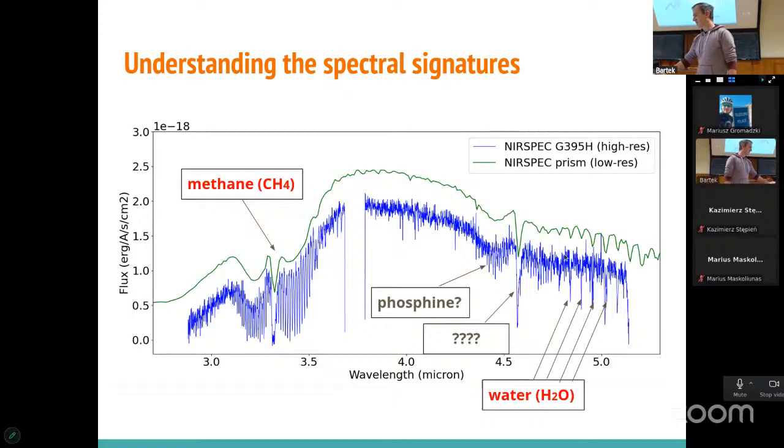And this absorption line here was quite a mystery at the beginning. We did not know what could be causing this, and in fact, we did not expect any absorption to be happening at this particular wavelength.